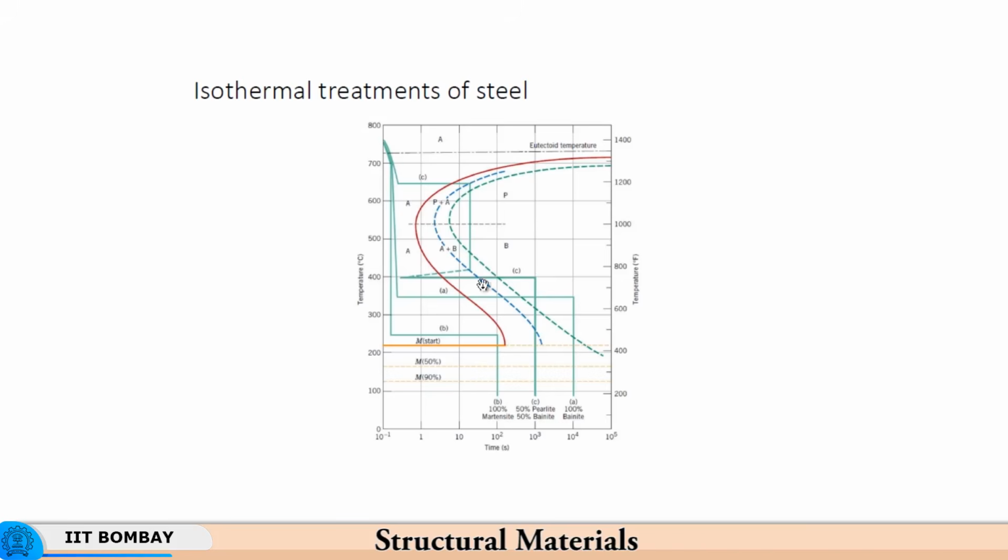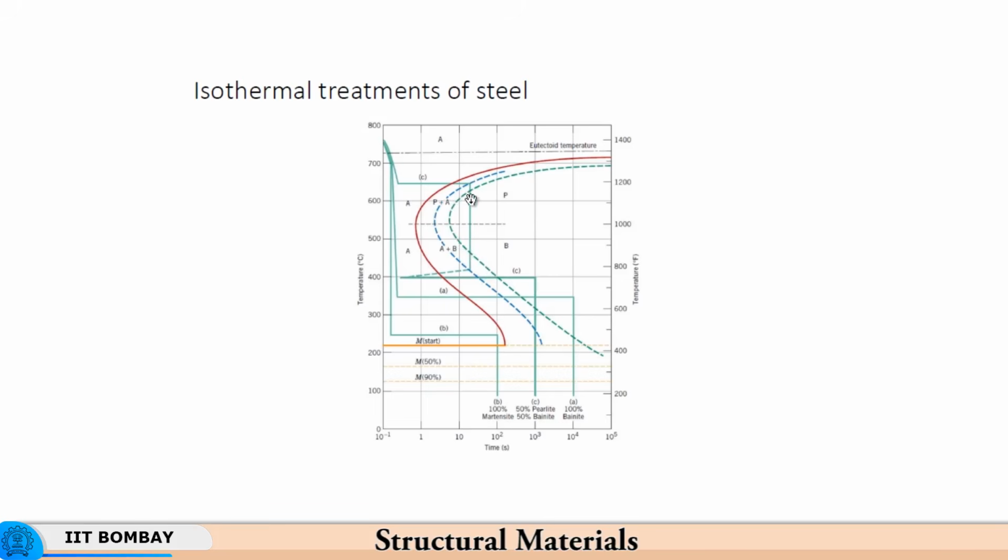So, what this means is that you have austenite, you have perlite, and this austenite now gets transformed to bainite. So, at the end of the day you have perlite and bainite. Here you had 50% transformation of austenite to perlite. So, that remains intact, but then you transform the remaining austenite, 50% of austenite was transformed to bainite.